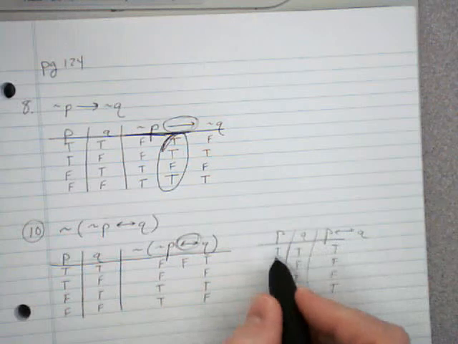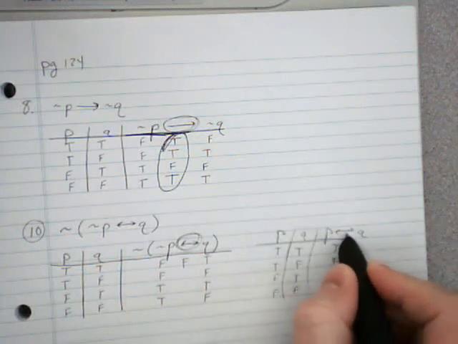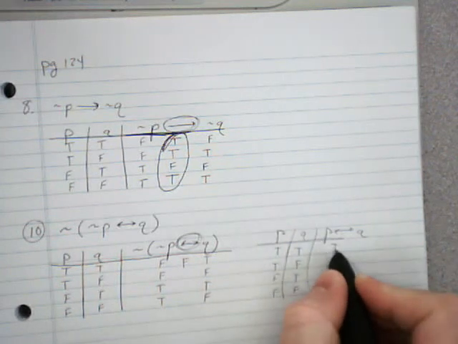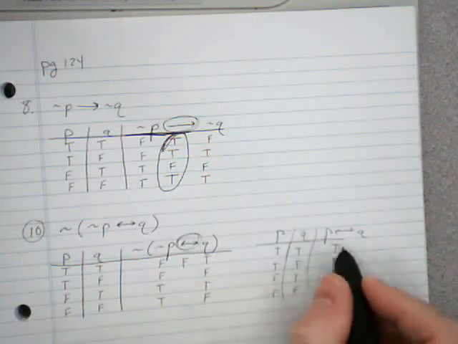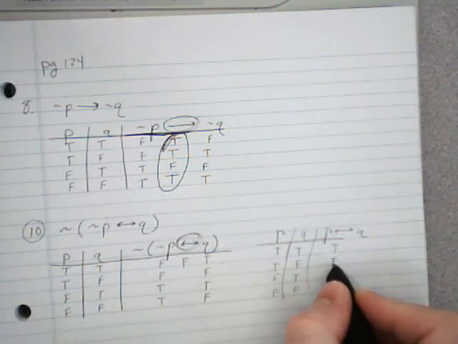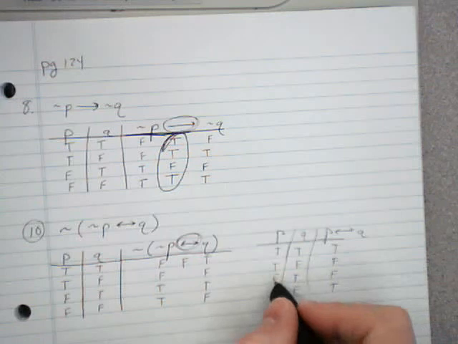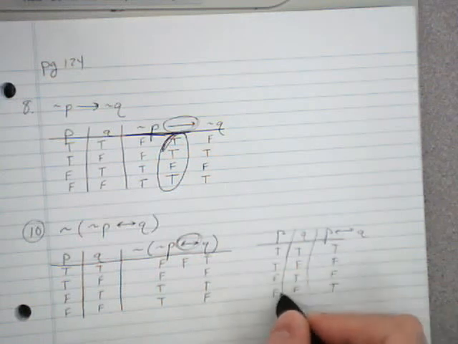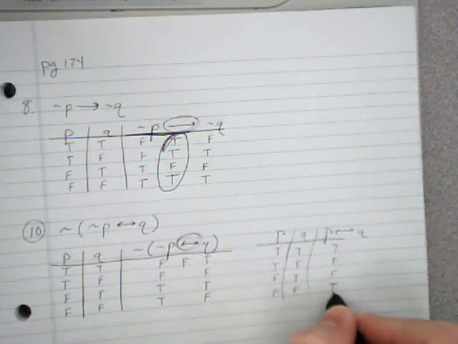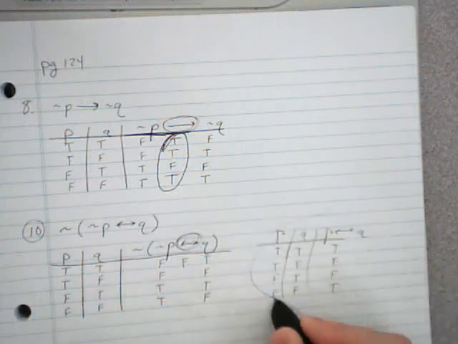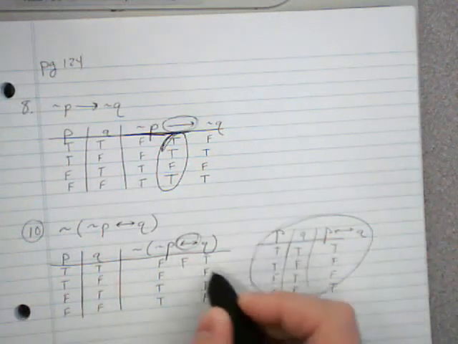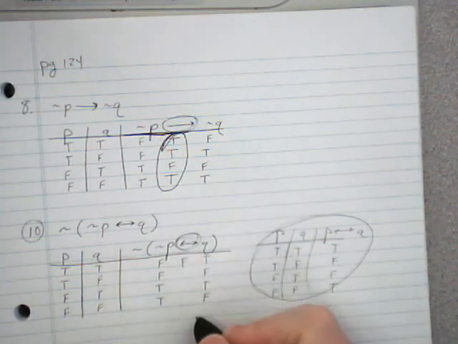So what that means is, if you see two trues under one of these biconditionals, you call it true. If you see a true and a false, you call it false. If it's false and then true, you call it false. And if it's two falses, you call it true. So we're going to use this to get our answer column.